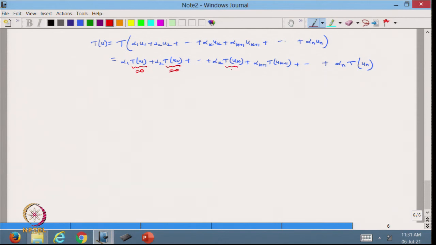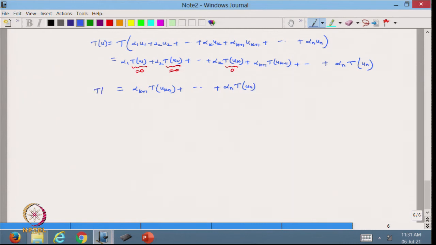So this is equal to alpha_{k+1} T(u_{k+1}) up to alpha_n T(u_n).